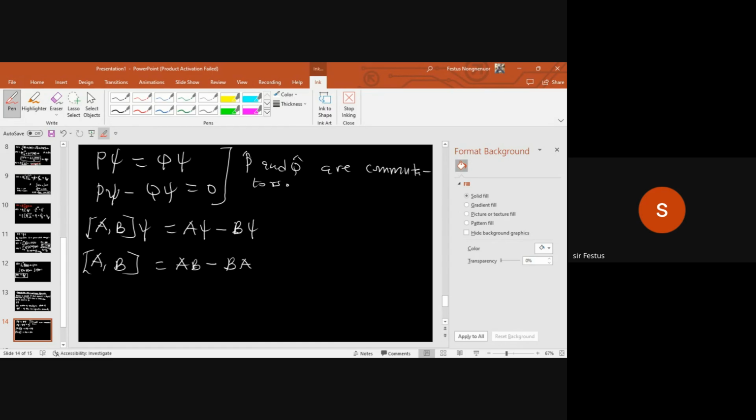If this is giving you 0, they are commuting. So when they're like that, A comma B will be the same thing as B comma A. This commutative identity, I think we came across it in mathematics, when we talk about the distributive property, the associative property, and the commutative property.